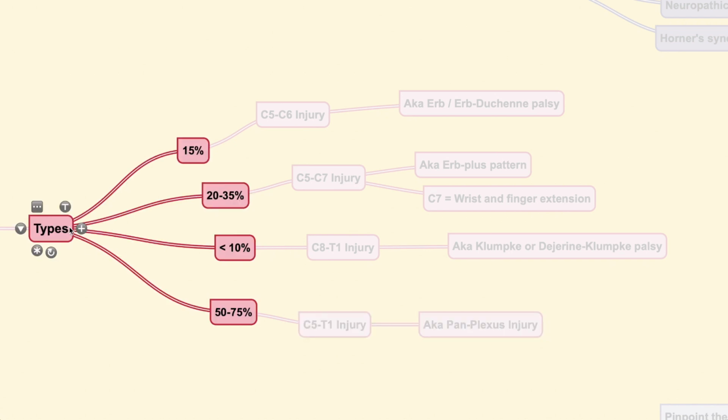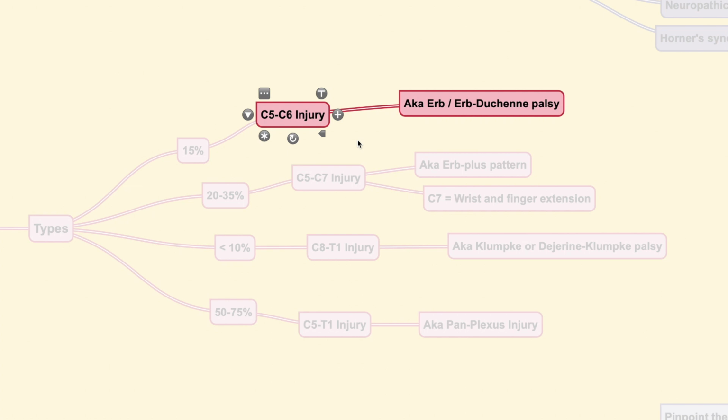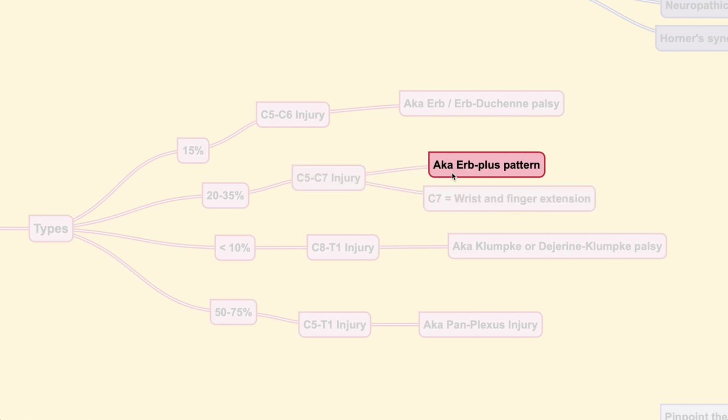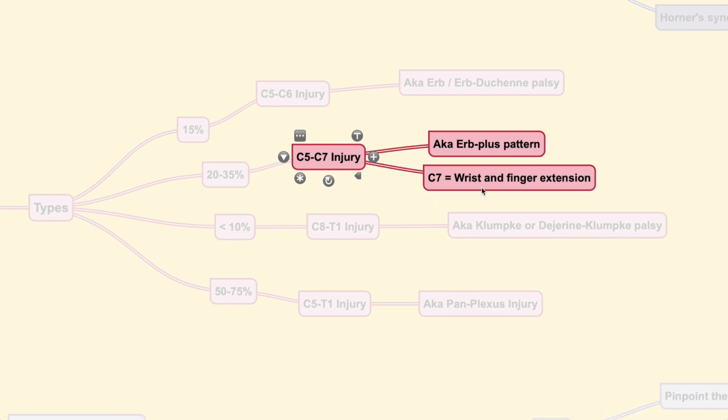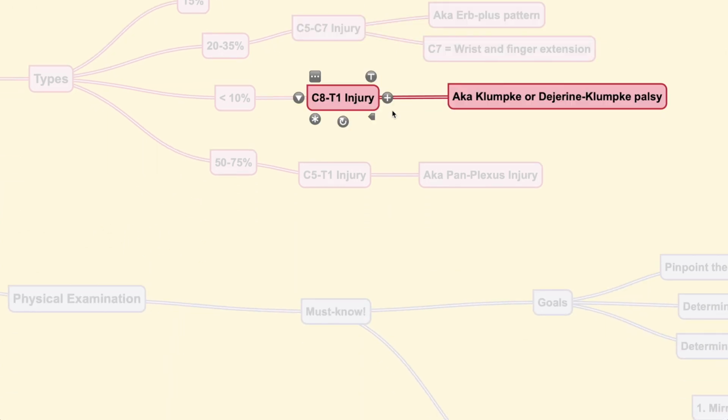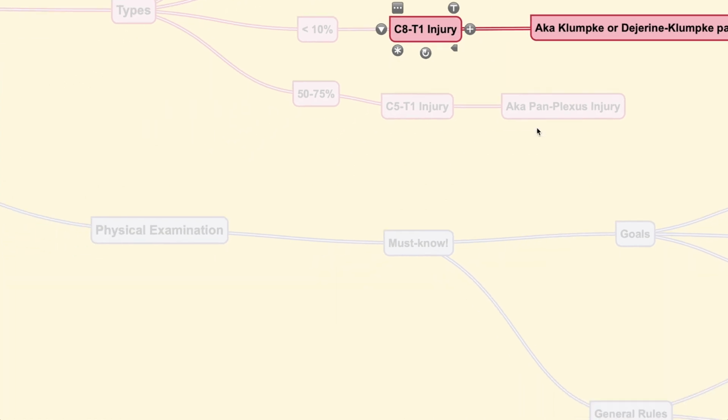Other types also exist, such as the ones that involve C5-C6, also known as Erb or Erb-Duchenne palsy, or the ones that involve C7, which is also known as the Erb plus pattern. These patients generally also have symptoms of reduced wrist and finger extension. Other types would include the C8 or T1 injury, which is known as Klumpke or Dejerine-Klumpke palsy.